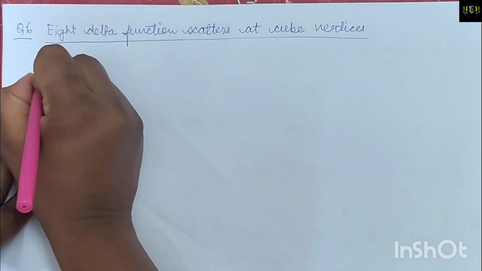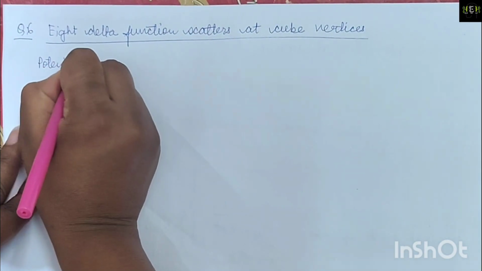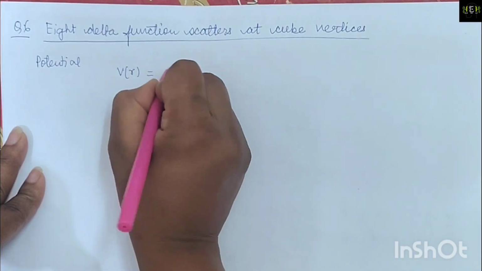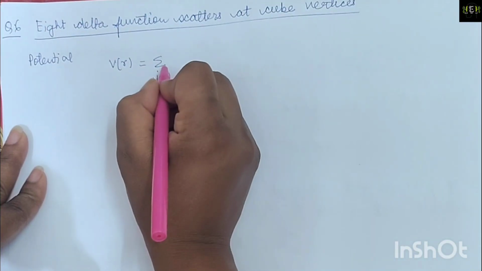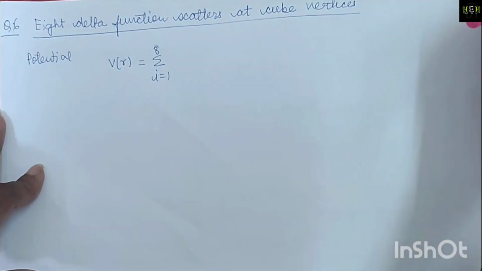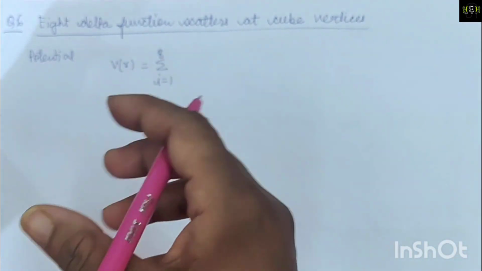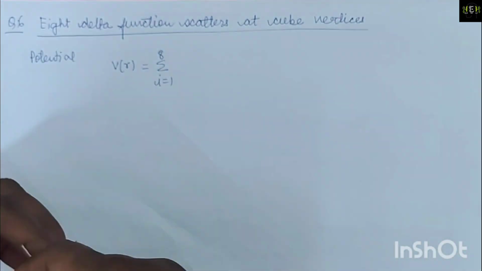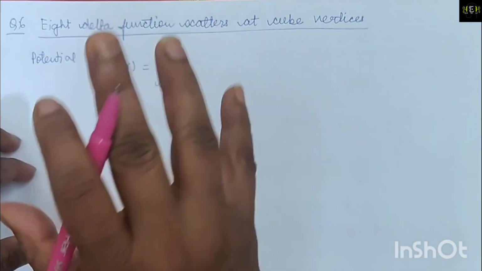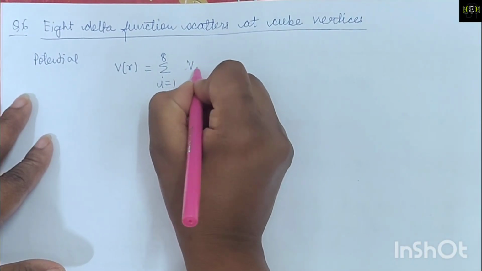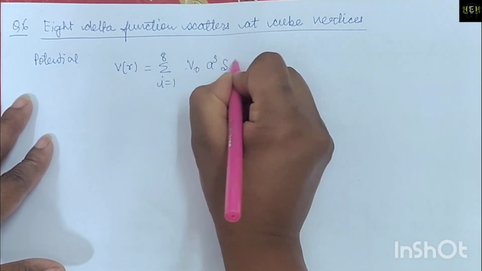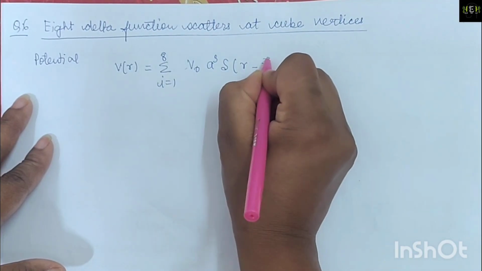Now what is the potential? V of r is nothing but summation i equals 1 to 8. Just imagine the situation, you have a cube and at the 8 corners there is a delta function potential, so V naught a cube delta of r minus r i.